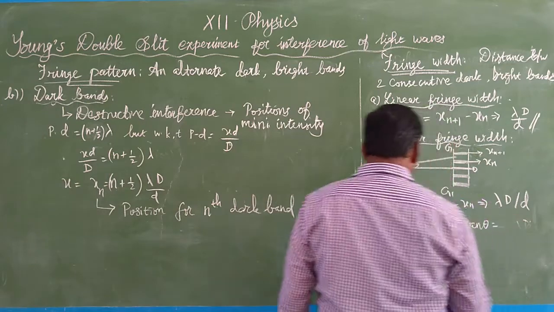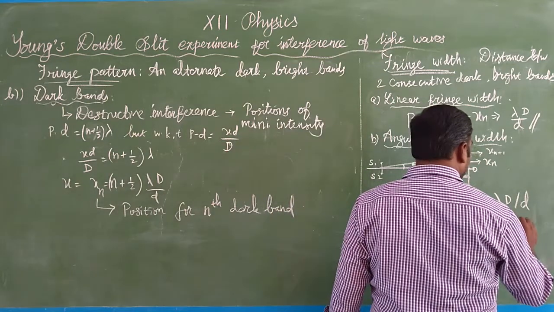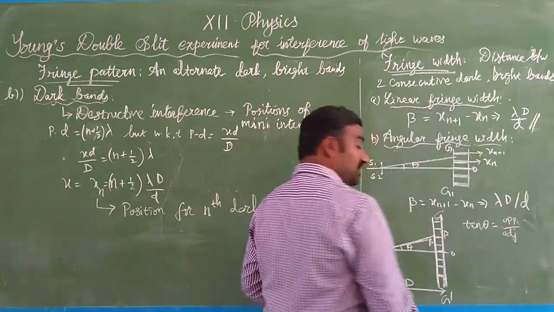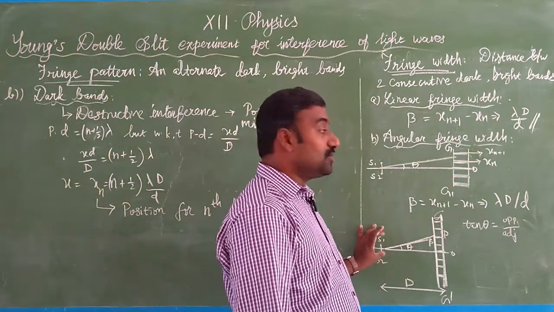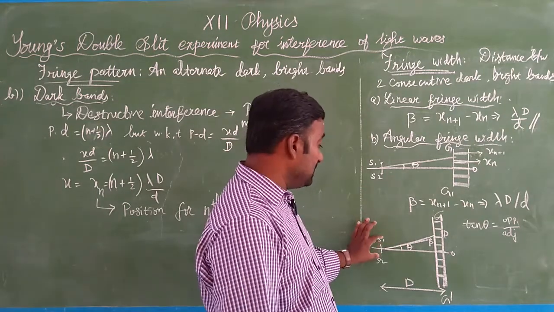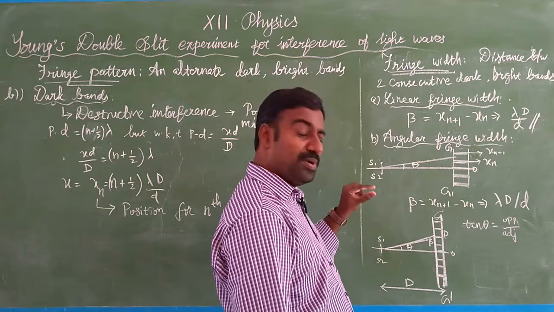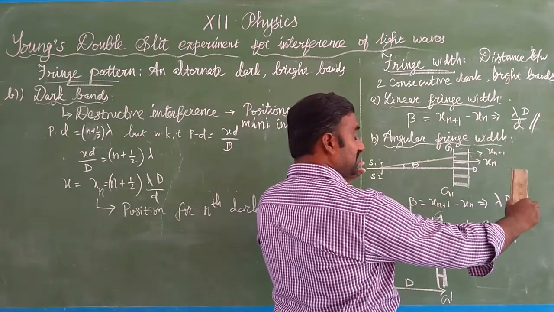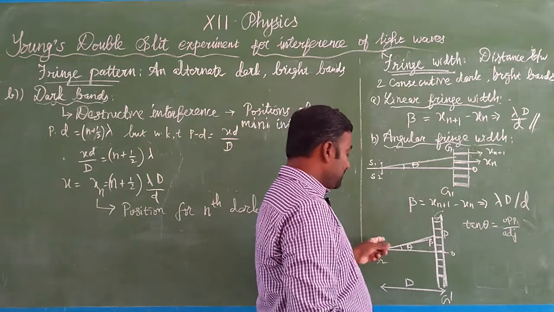I'll say. Tan theta is equal to opposite by adjacent. Here theta is very small, because the two slits are placed very close to each other, approximately 1 millimeter or less than 1 millimeter. The space between the two slits is very small, but the screen is kept far away from the center of the slits. So approximately it's very small.